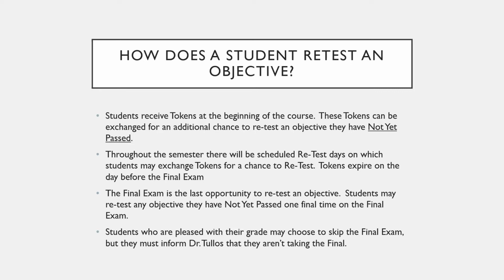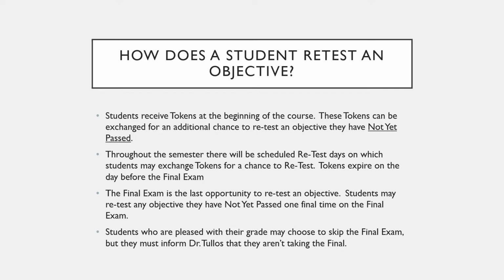So if there's an opportunity to reassess your mastery of an objective, how will we make that work in the course? What's the operation for that? At the beginning of the course, you will receive a certain number of tokens. These tokens can be exchanged for an opportunity to retest an objective you have not yet passed.